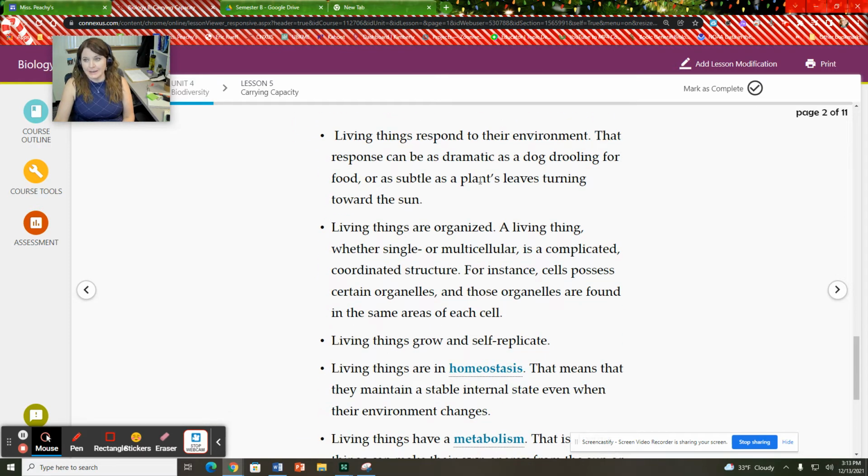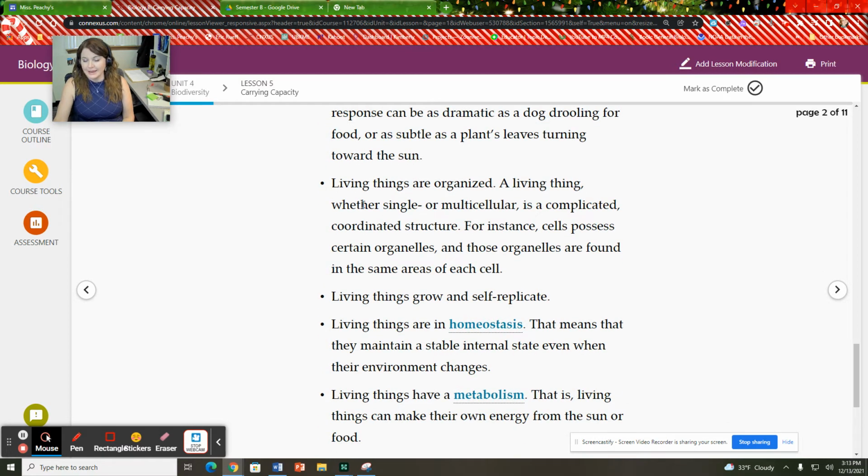So living things respond to their environment, so some sort of environmental response. It doesn't have to be dramatic like the dog drooling. It can be something much more subtle, like a plant just tracking itself with the sun. Living things are organized into cells, right? So they're made up of cells. Living things can grow and self-replicate.